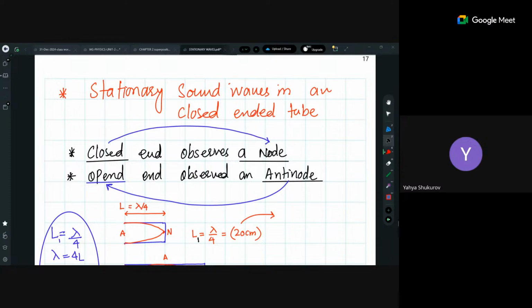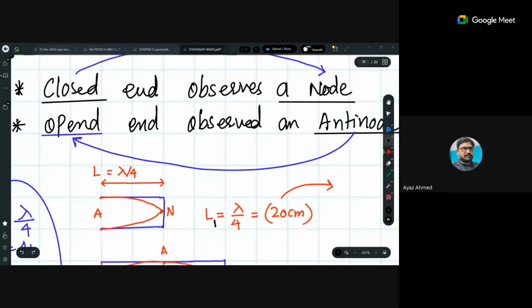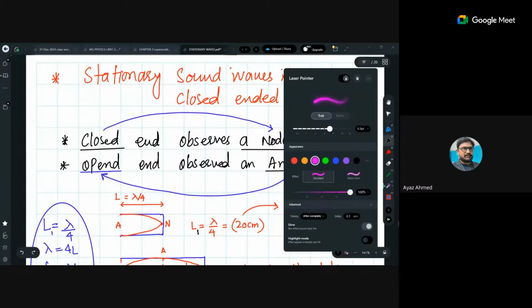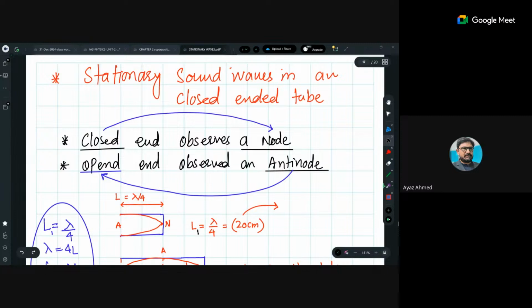One end is open and one end is closed. So the closed end will always give you a node. Remember, these are the points you have to recall. But I told you the logic behind these points, that the node is at the point of reflection.